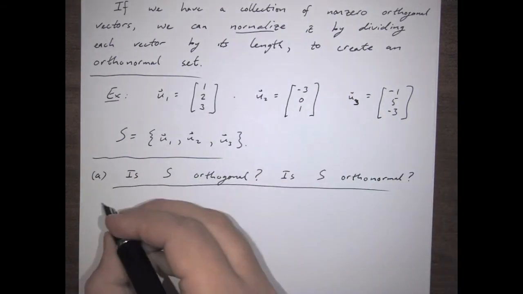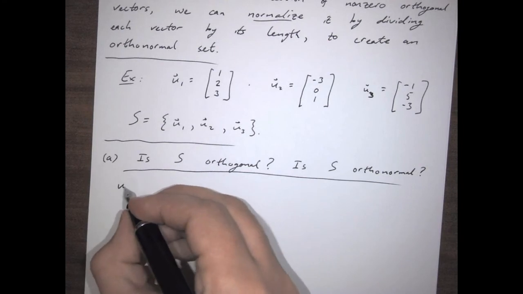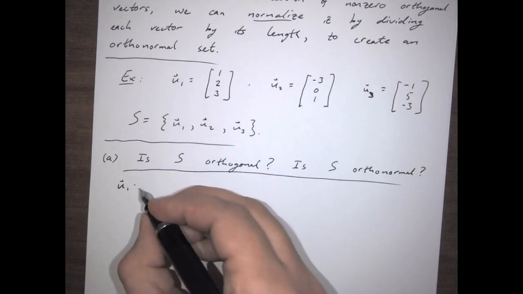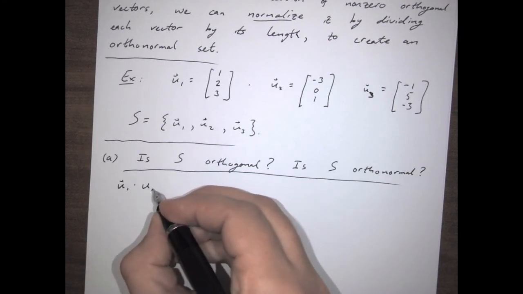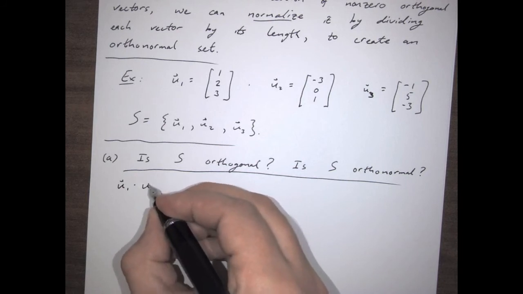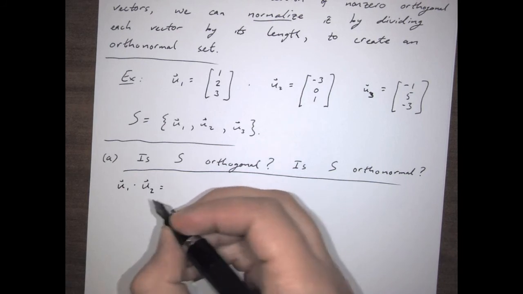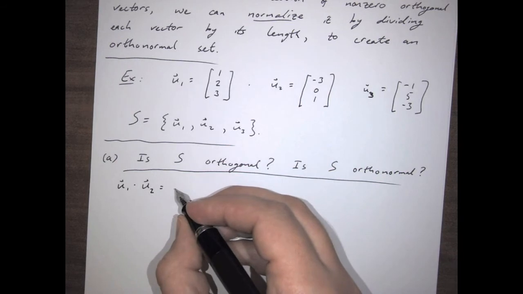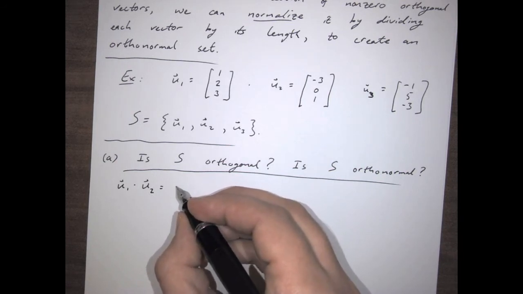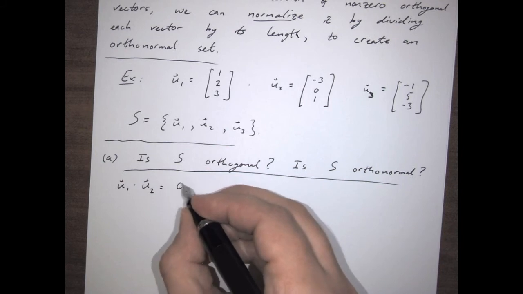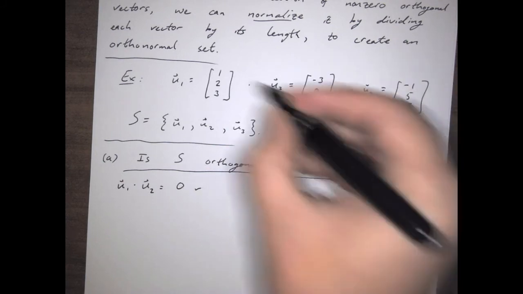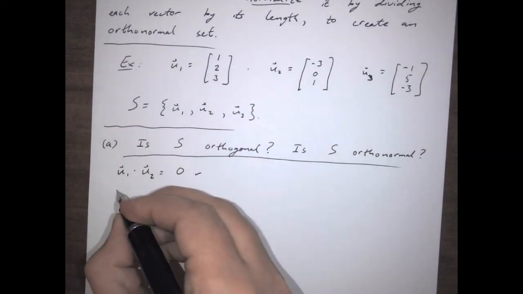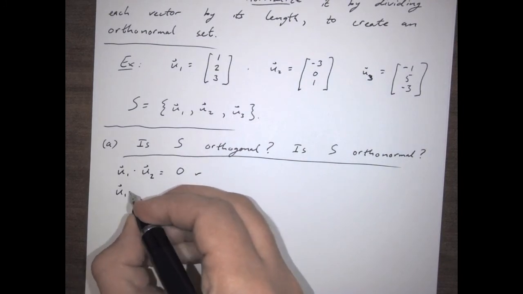So first off, is it orthogonal? Well, that's a question we know how to answer already. We just do u1 dot u2 and just do pairwise dot products, and hopefully we should get 0 each time. So what's this going to be? Quick calculation tells me -3 plus 3 equals 0. What about u1 dot u3?